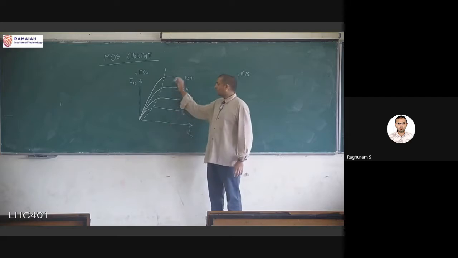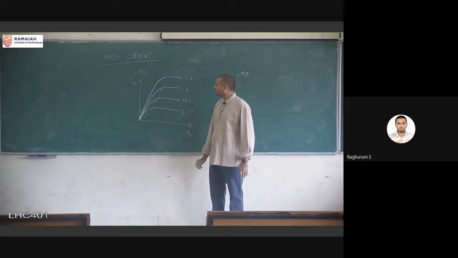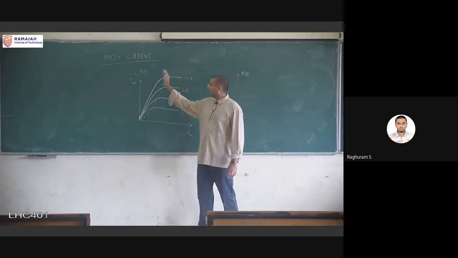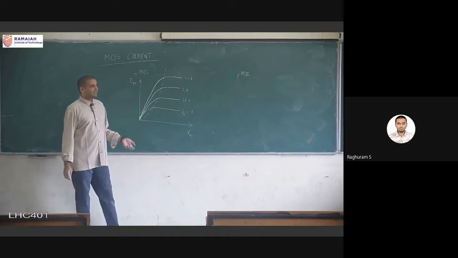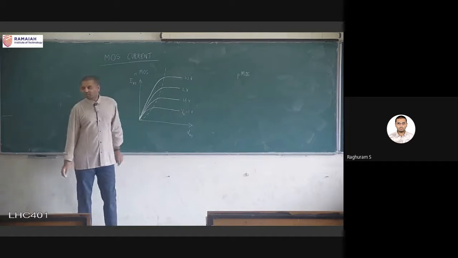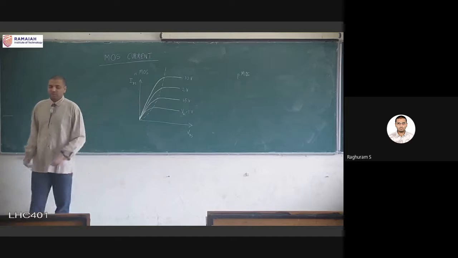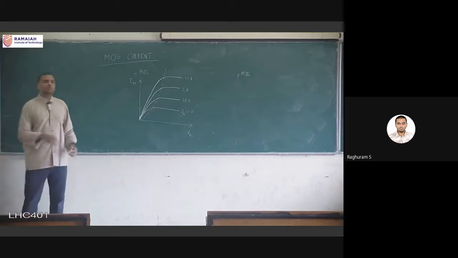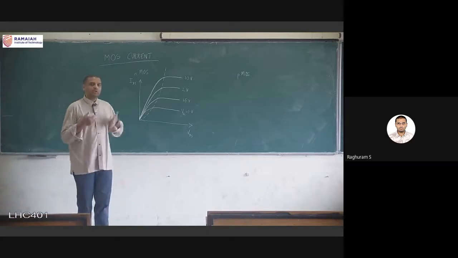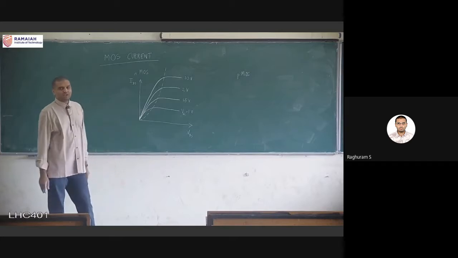So this is a family of curves for different values of VGS, number one. Second important thing: the x-axis is VDS, right? Since this is an NMOS transistor, as your VDS increases, the NMOS transistor moves from the linear region of operation to the saturation region of operation.